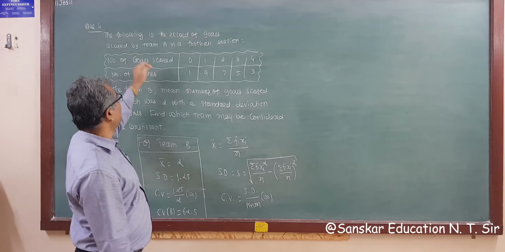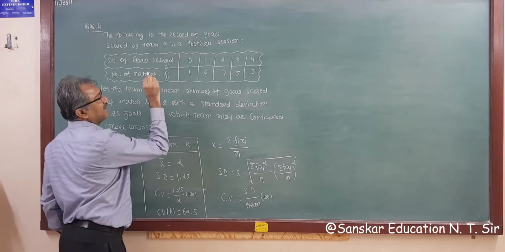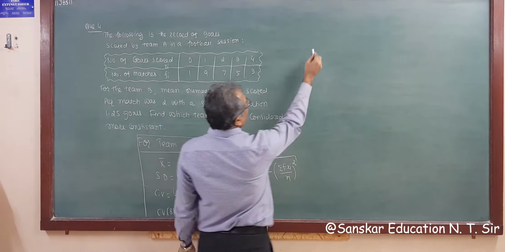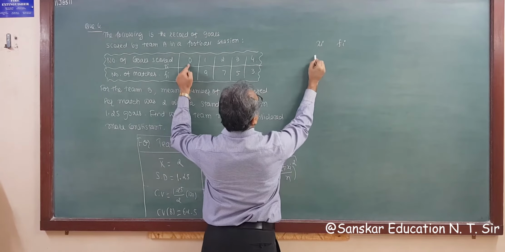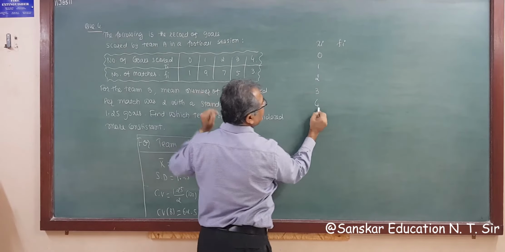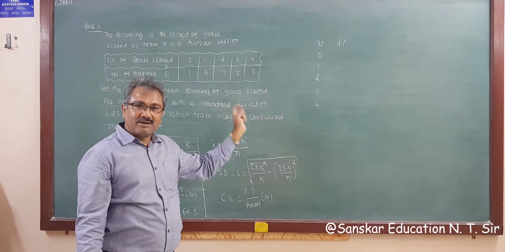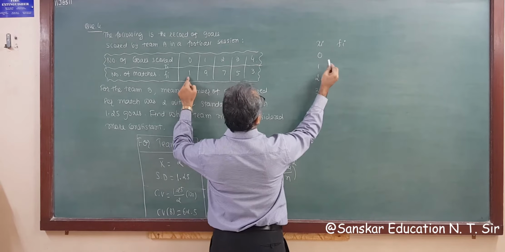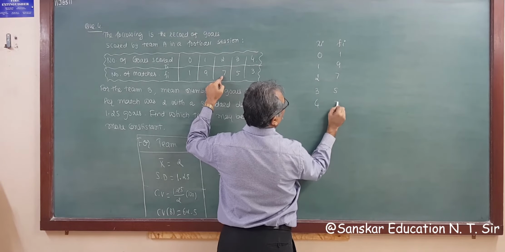So this is xi, and this is fi. Frequencies are given, right? So we are making a table here, xi and fi. The xi are 0, 1, 2, 3, 4. It is a nice and small example with small numbers, right? Now fi is 1, 9, 7, 5, 3.